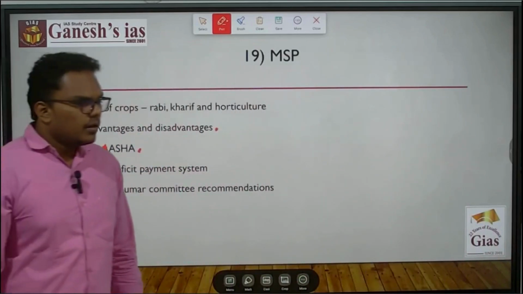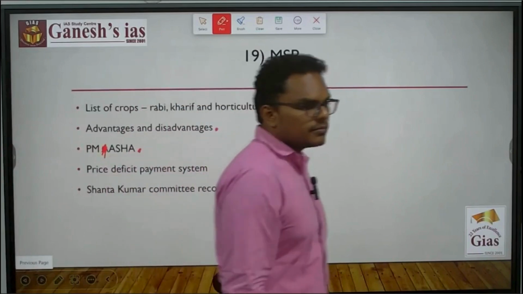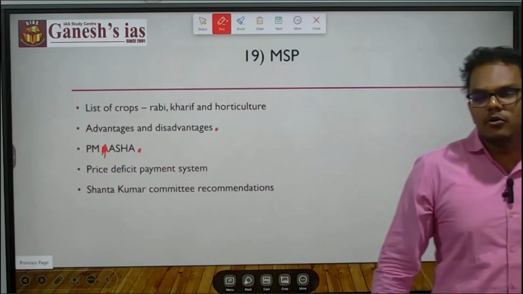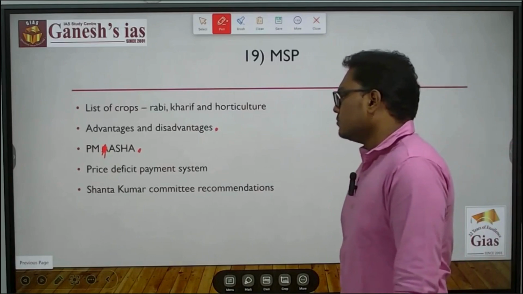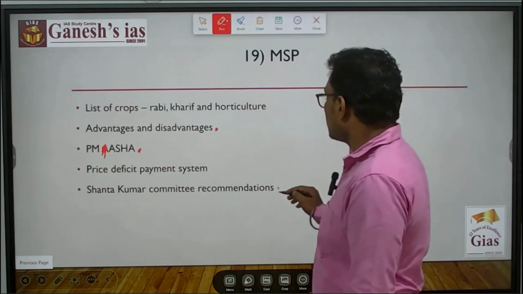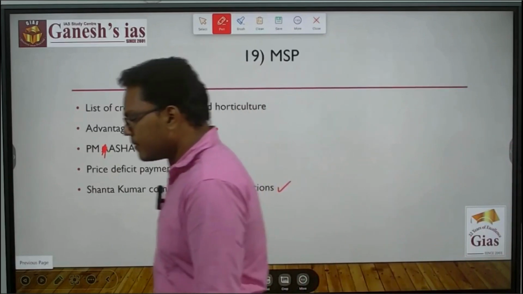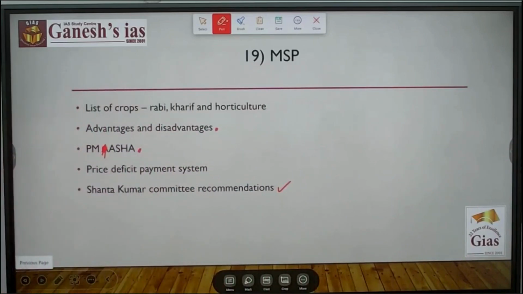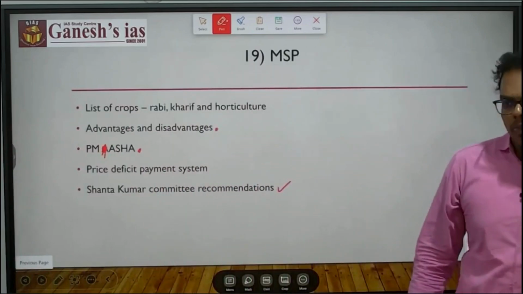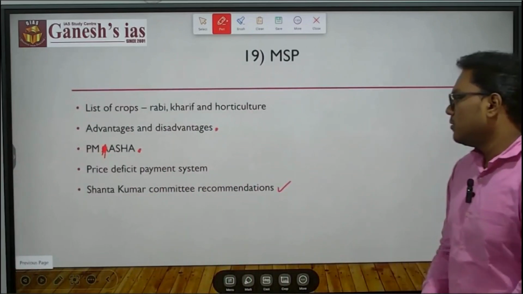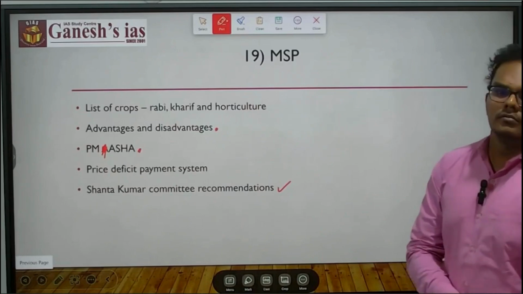You have a price deficiency payment system there, and then you have private pilot procurement also. And with respect to MSP, you need to know about the Shanta Kumar committee recommendations. The Shanta Kumar committee recommendations are very, very important from a mains perspective, but for prelims also you need to know that.